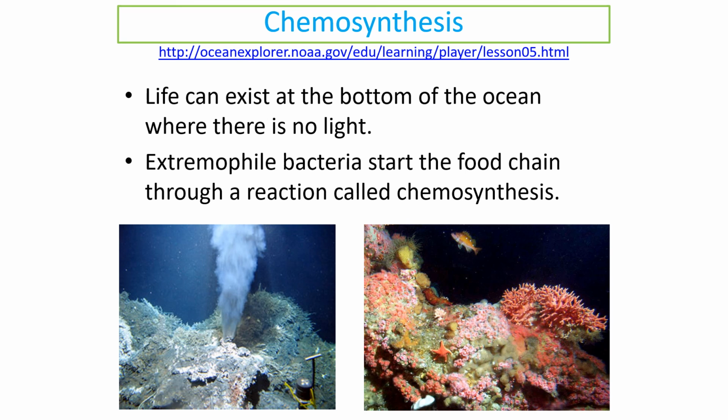However, something called extremophiles live there, and the start of their food chain is bacteria that can use the chemicals as an energy source to generate organic matter, and therefore, like photosynthesis that plants do on the surface, bacteria are the producers at the bottom of the ocean, allowing ecosystems to thrive at the bottom of the ocean.